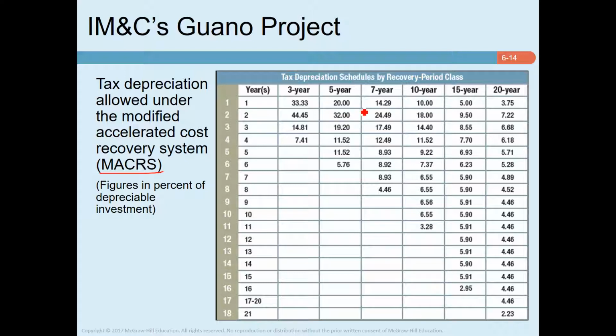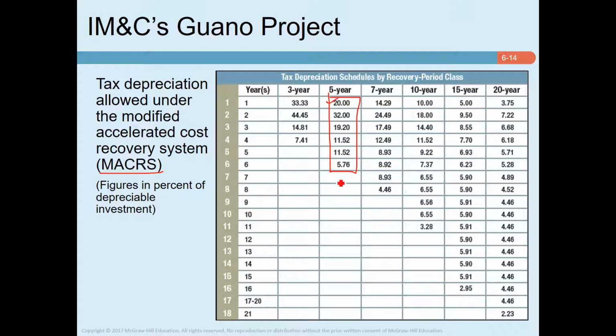In that case, percentages of each year's depreciation is given. For example, if it's a 5-year recovery period, then depreciation will be calculated like this: 20% in the first year, 32%, 19.20, 11.52 in year 4 and 5, and 5.76% in the year 6.